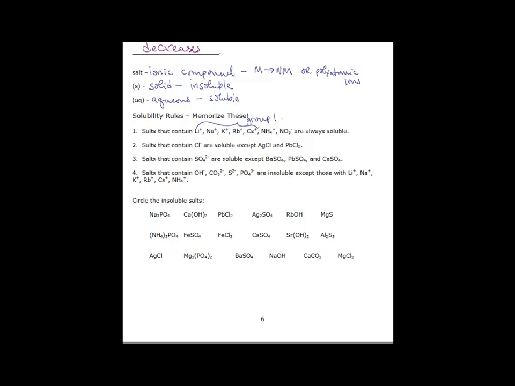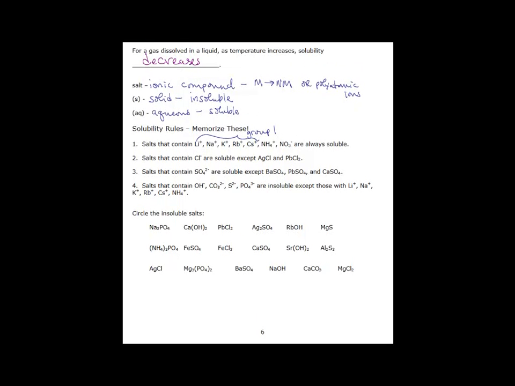Now when I say soluble, do I put an S next to it or an AQ? Well, look back up here. S is for insoluble, AQ is for soluble. So that means that salts that contain group 1 elements, ammonium and nitrate, are always AQ. Okay, so that's the first rule.